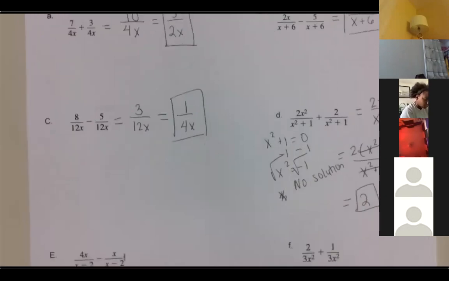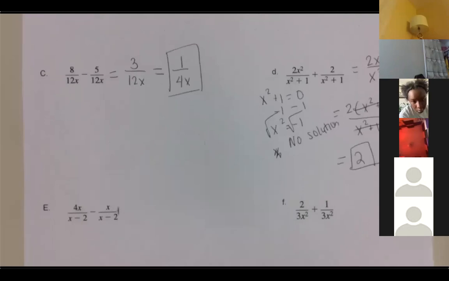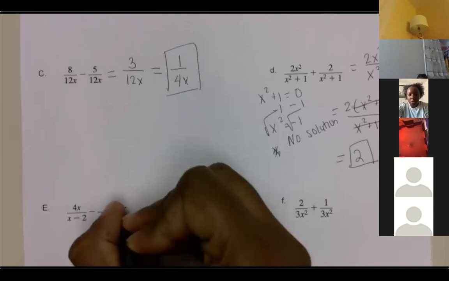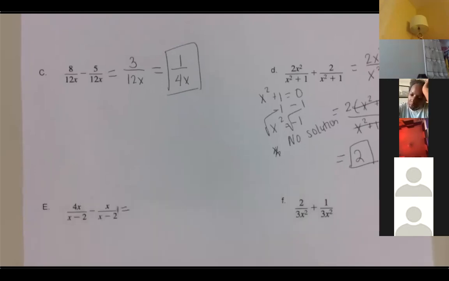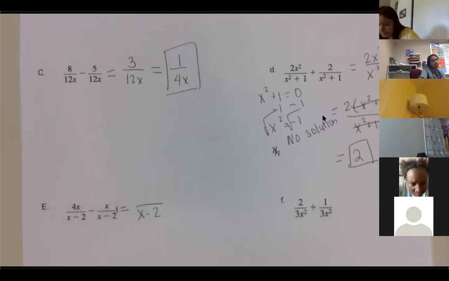All right, part E, we've got 4 over x minus 2 minus x over x minus 2. First question, what's my denominator going to be? Ethan? The denominator is going to be x minus 2. Yep. And what's my numerator going to be?